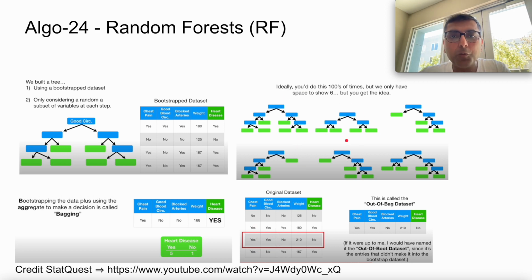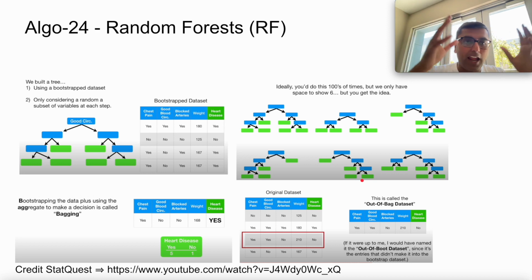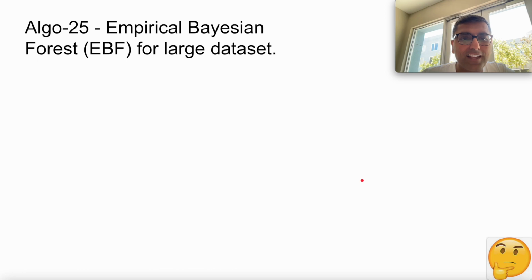So that's out of bag data set, which can be used for testing whether you have the right accuracy for your model. So then you can adjust the number of trees that you need and the depth of your trees and all of that based on this. But in essence, you get this high level saying you can build a tree, then you can build several trees, and then you can average them or aggregate them based on your requirement and build a random forest. So that's the intuition behind random forest.